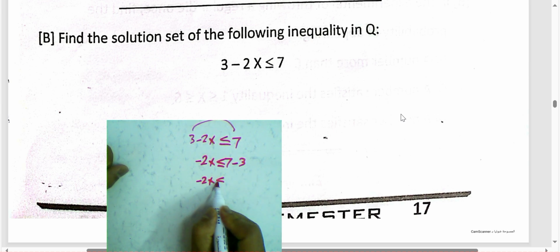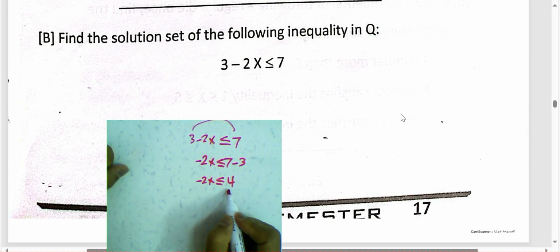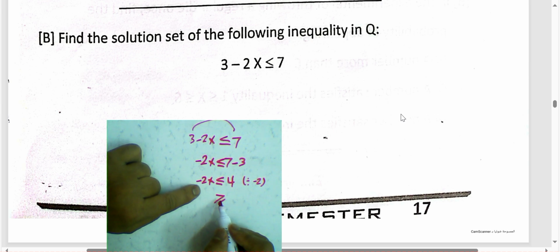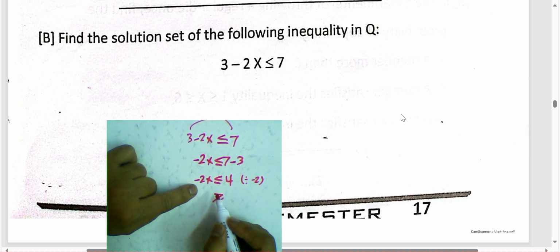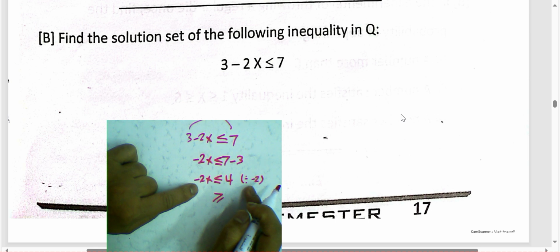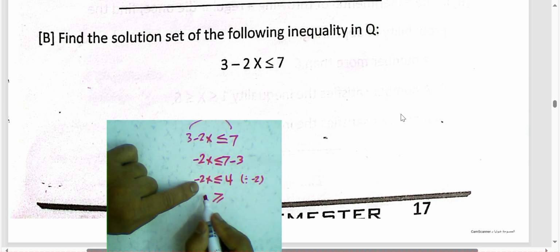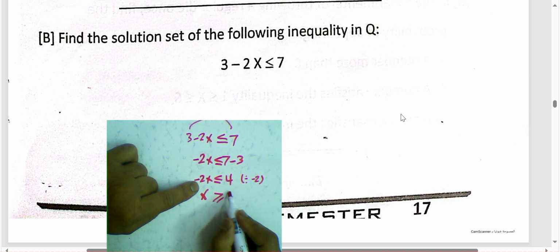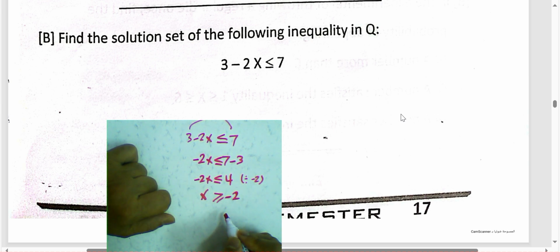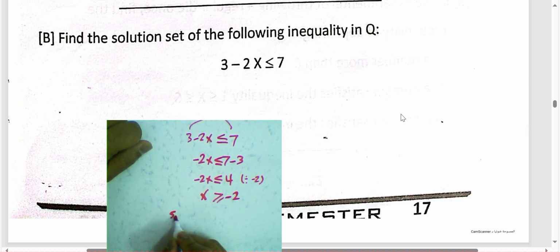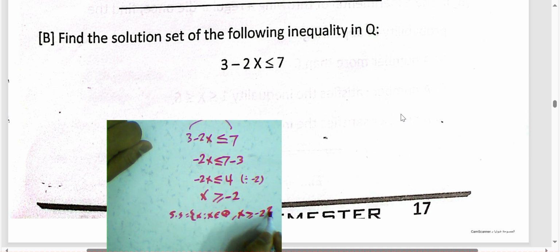Then we divide by the coefficient and change the direction of the sign, because we divided by negative 2. If we divide by a negative number, we must change the sign. Then x is greater than or equal to 4 divided by negative 2, which is negative 2. The solution set is x such that x belongs to Q and x is greater than or equal to negative 2.